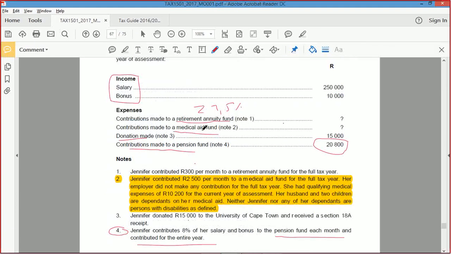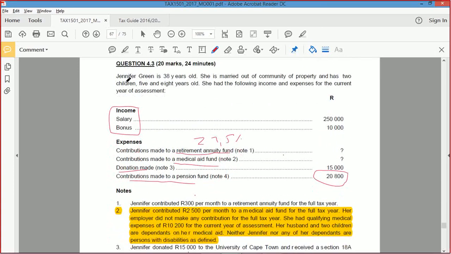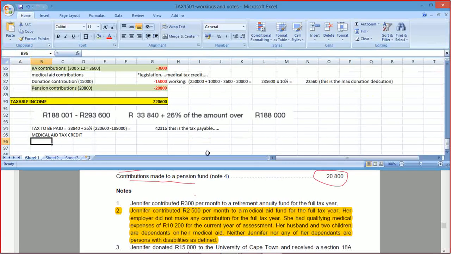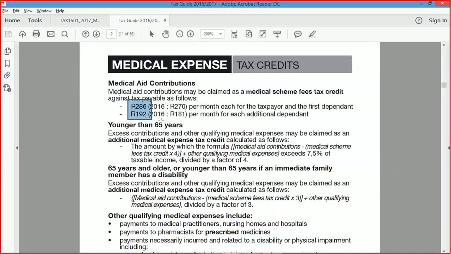Is this woman married? Where is she? Here she is, Jennifer. She's married. Okay, so there is a spouse. How many kids does she have? She has 2. Okay, so can I claim a medical tax benefit for her spouse and her 2 kids? Yes, I can.